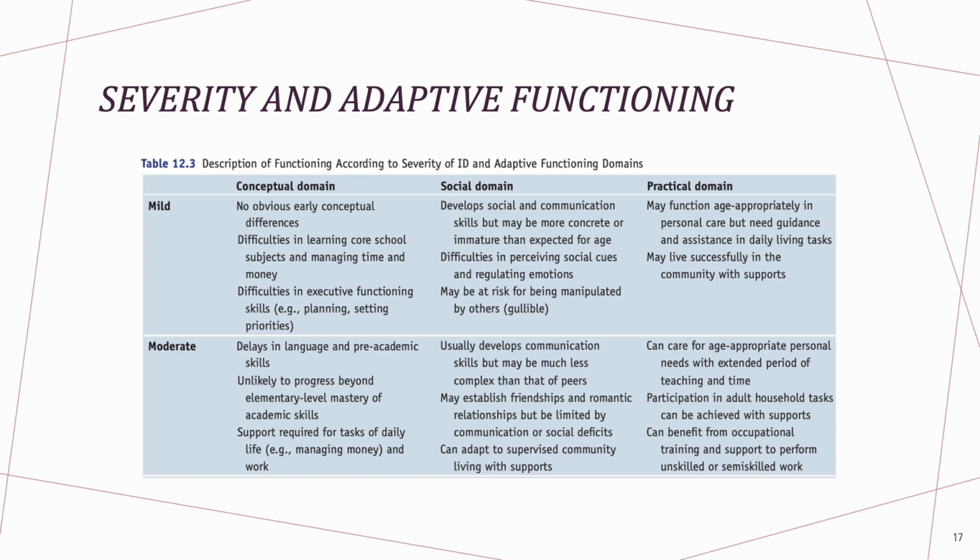Within social, you might see communication skills have been developed, but they're much less complex than their peers. And then within the practical domain, you might see that the individual can care for age-appropriate personal needs, but with extended period of teaching and time.